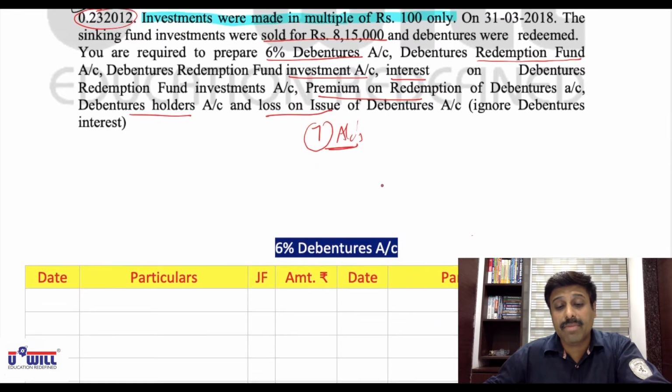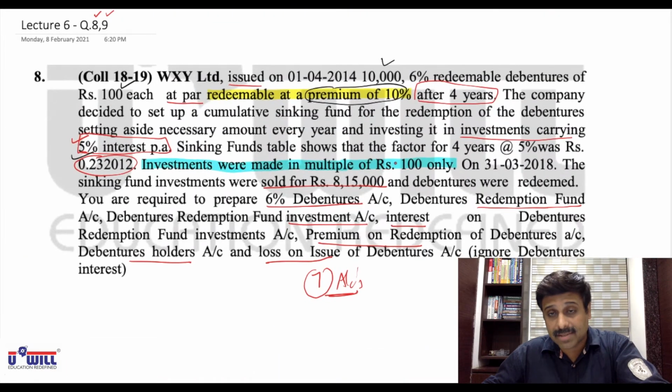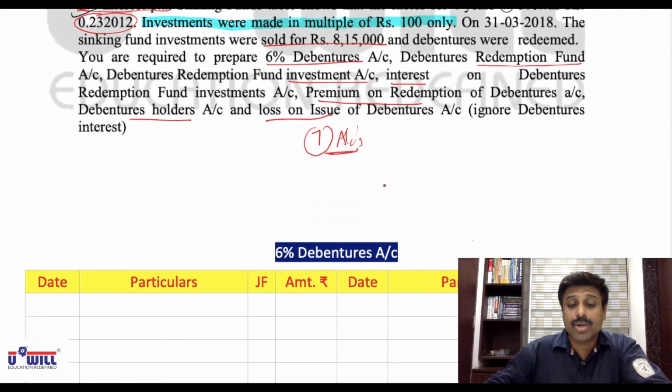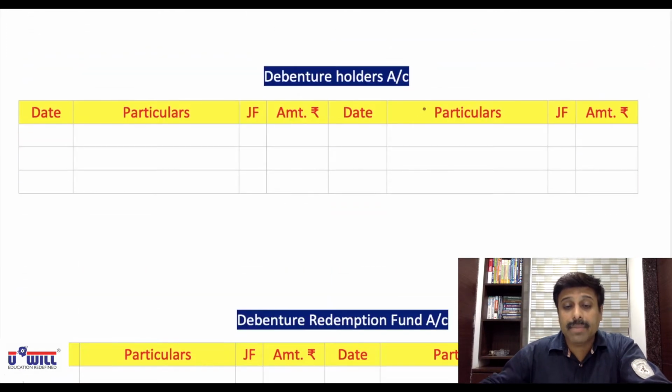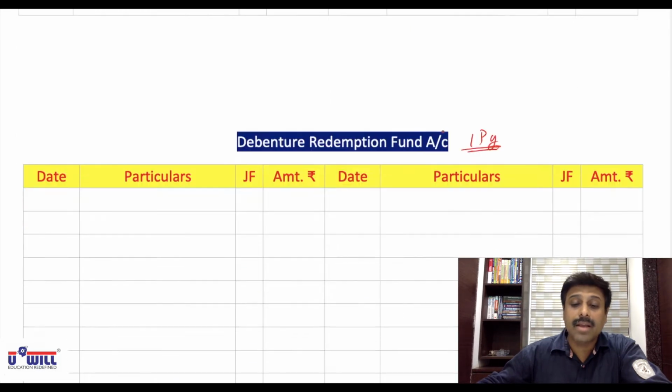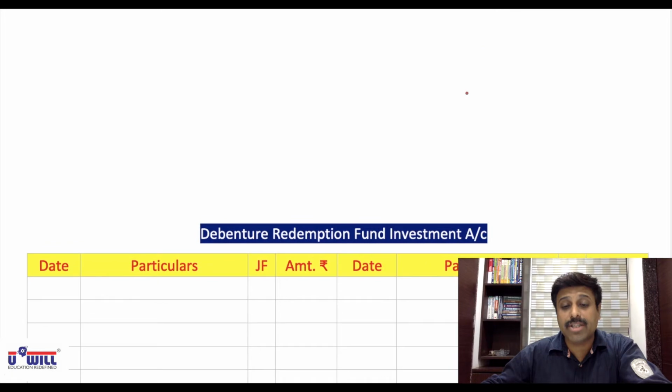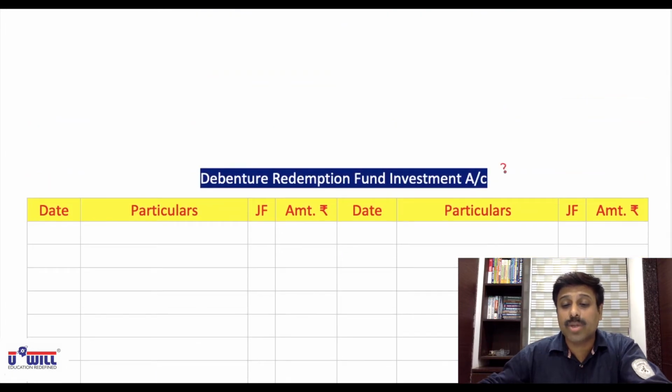So pause the video and make these formats. Now journal entries are not asked, 7 accounts are asked. So debentures account, as I said earlier also, 8 to 10 lines. Then debenture holders account, 2 to 3 lines. Debenture redemption fund, full 1 page. Investments, 3/4 page.